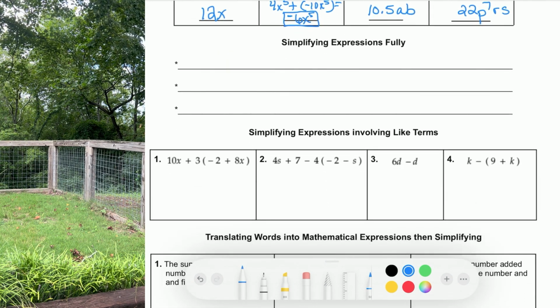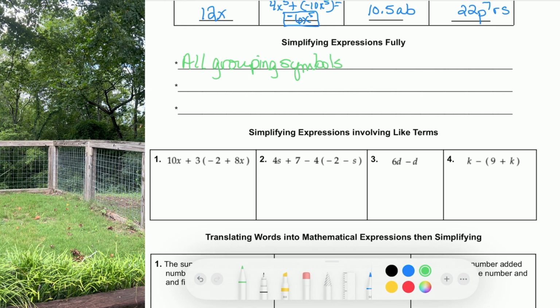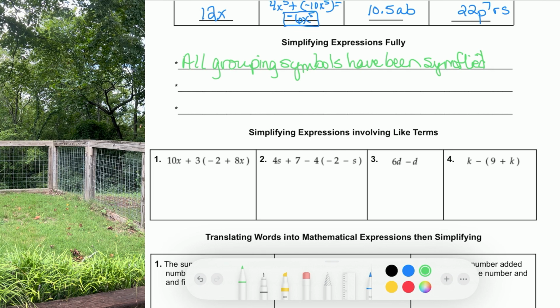All right, so we have certain guidelines that we have to follow when we are simplifying expressions fully. So the first guideline is all grouping symbols have been simplified and removed.